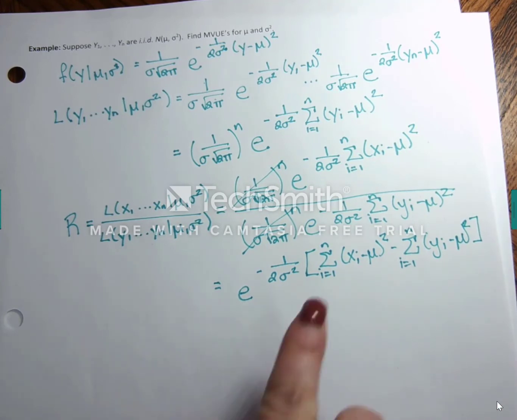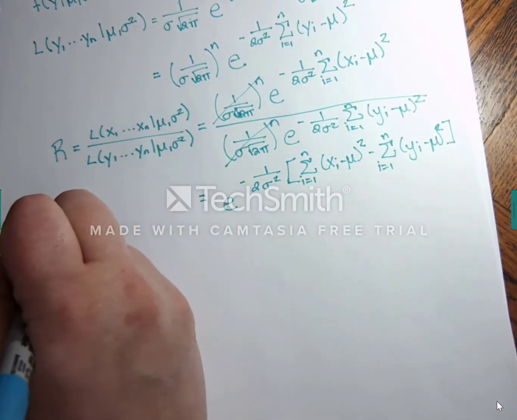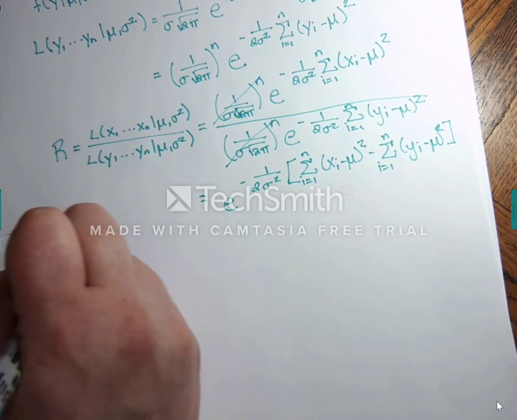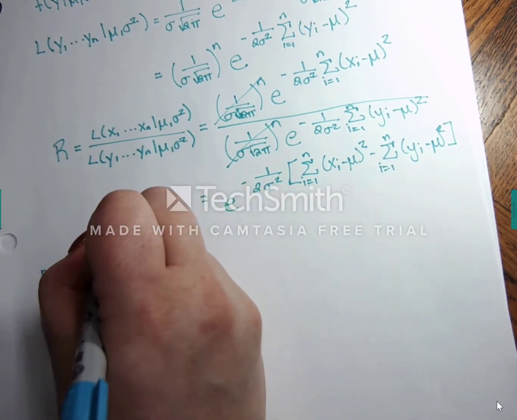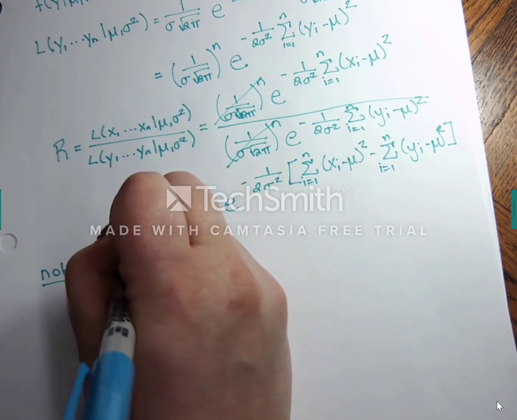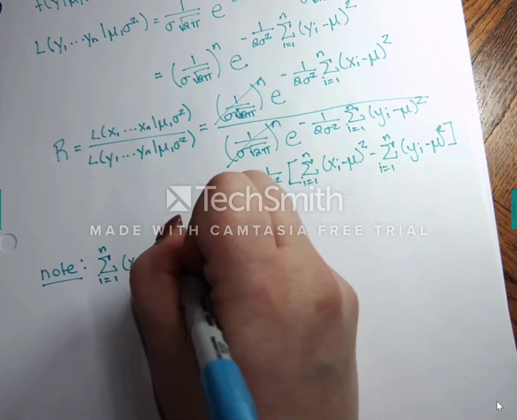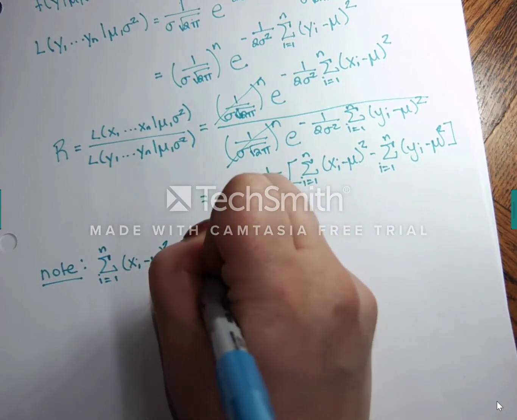All right, so let's work with this piece here just a little bit. So note the following. We've got the sum, i equals 1 to n, xi minus mu squared is equal to, well, we're going to expand this out.